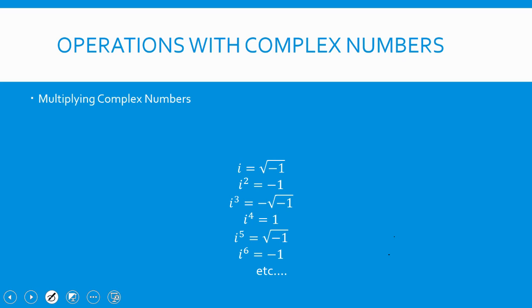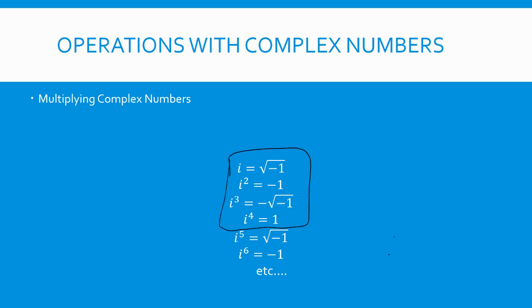Then notice i to the fifth is equal to the same thing as i. That's because we multiplied so many times that we reverted back to itself. i to the sixth is the same thing as i squared, et cetera. It follows this pattern.